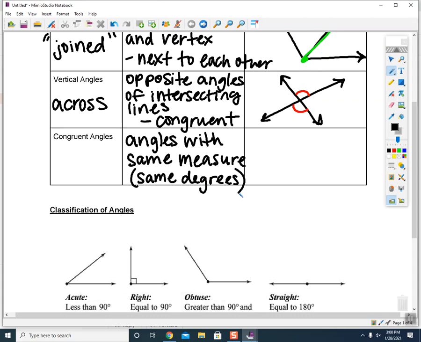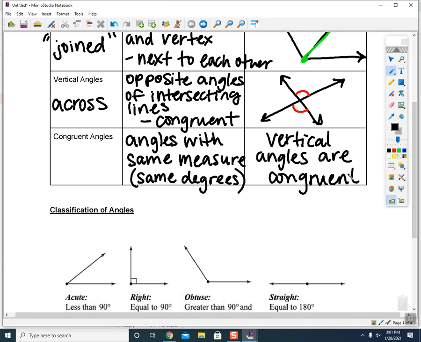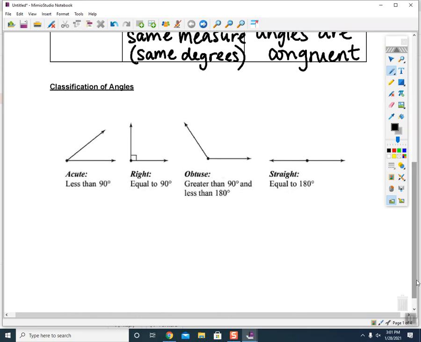So congruent angles have the same measure, which means they're the same degree. Something to note about this then is that vertical angles are congruent. It's an important thing to remember. Vertical angles are congruent. Okay, that's all the vocab.